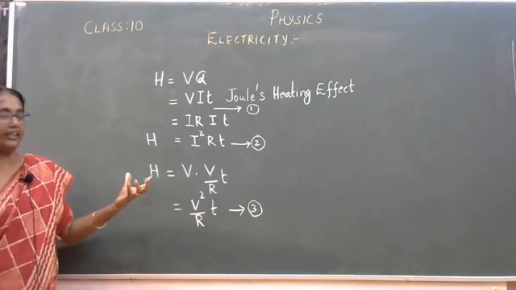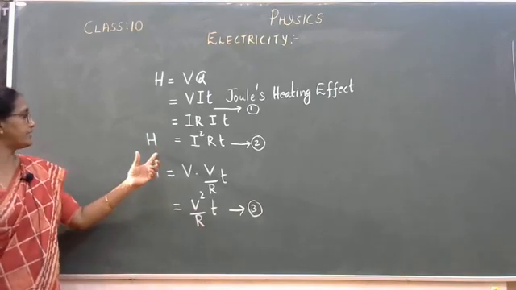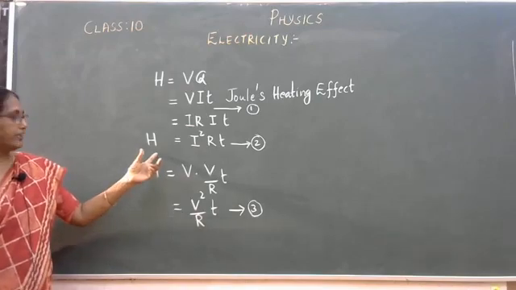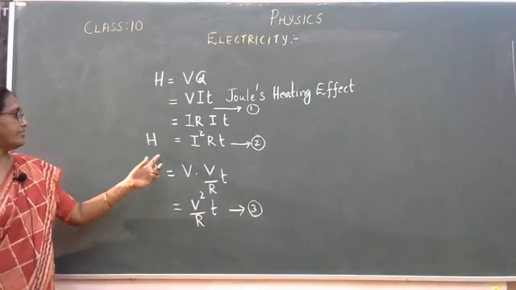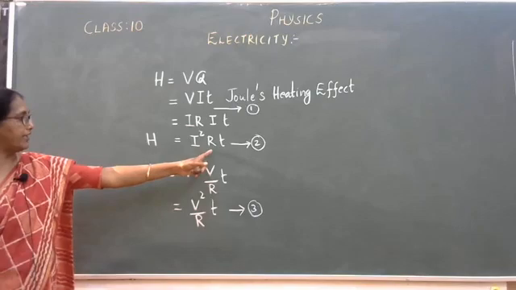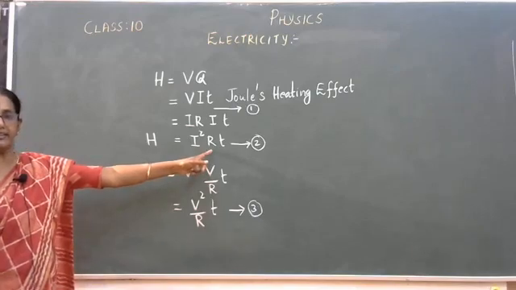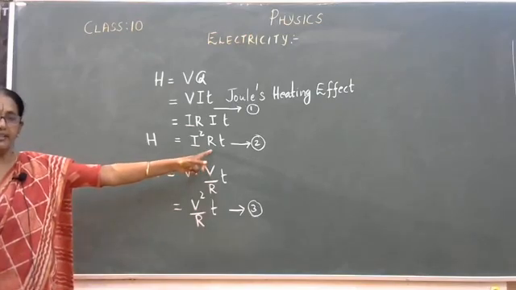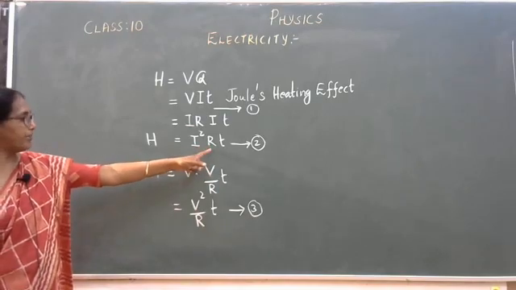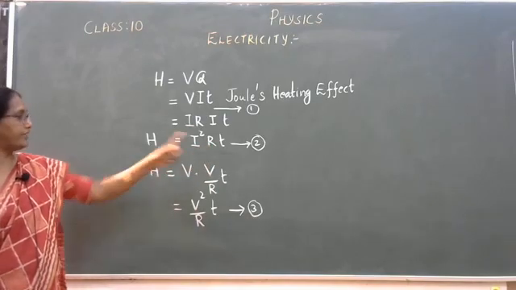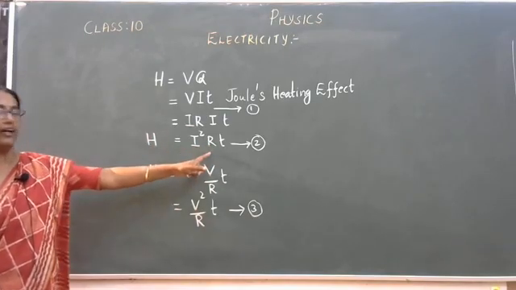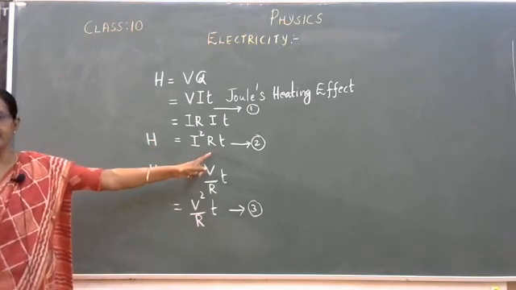This equation is giving us an idea that heat energy produced or energy consumed is directly proportional to the resistance. Is it clear for you? Because R is coming in the numerator, we can say that H has a direct dependence on the resistance.